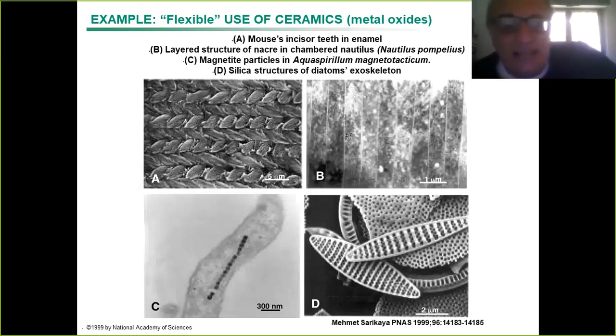The magnetite particles in this kind of bacteria, which are in water, which are kind of jelly substances, with some complicated hierarchical structure, they are able to include these magnetite particles.